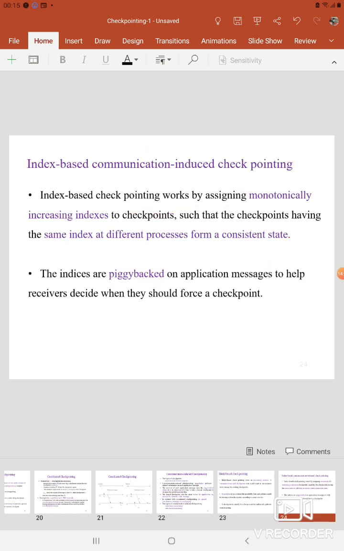And the second is index based communication induced checkpointing. Here the same index at different processes forms a consistent state. Whenever we need to conclude a consistent checkpoint, we have to follow the index value. So we have to take the same index value in every process to form a consistent state. The index value is automatically incremented whenever the process takes a checkpoint. So thank you.